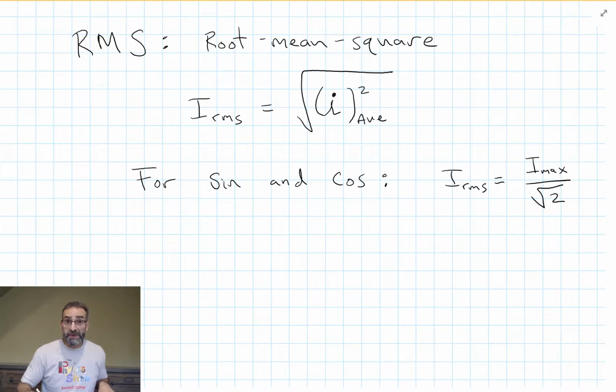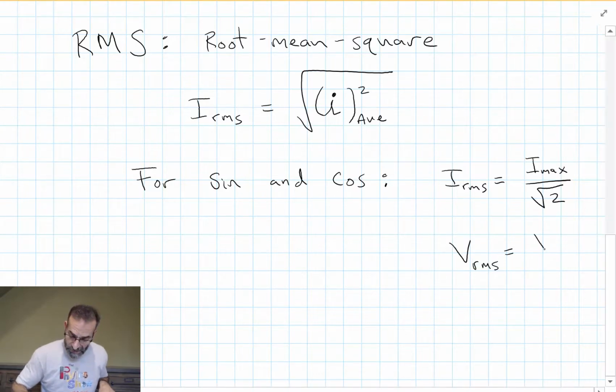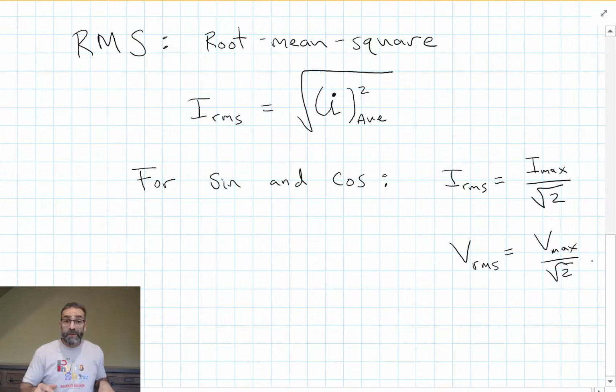It's also true for the voltage. And we can use these values in our standard equations. If we want to know the power delivered to a device, we can use our old equation for a DC circuit. That gave us power is I squared R.